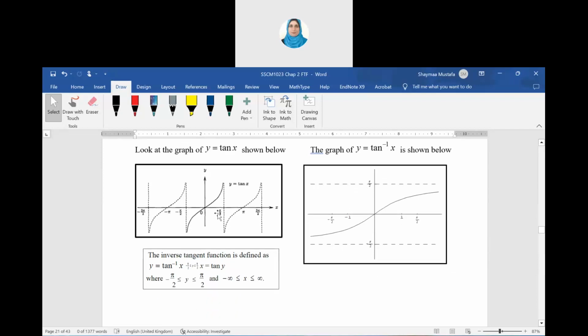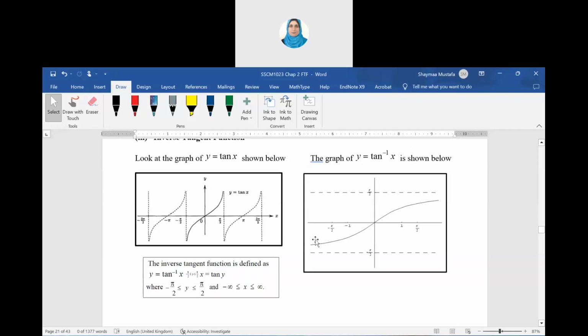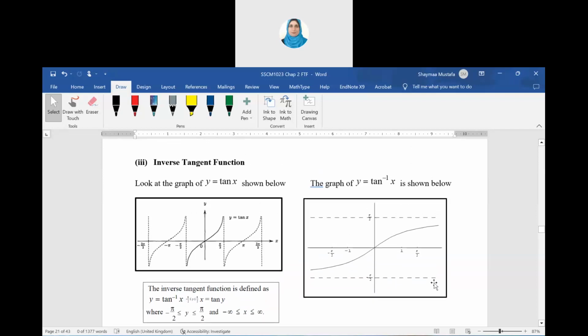Since we have a vertical dotted line at pi over 2 and minus pi over 2, the function is undefined at these points. So the inverse will have a horizontal dotted line at minus pi over 2 and at pi over 2, because we cannot find a value of tan inverse of pi over 2 or minus pi over 2.